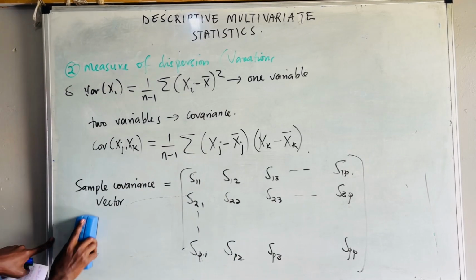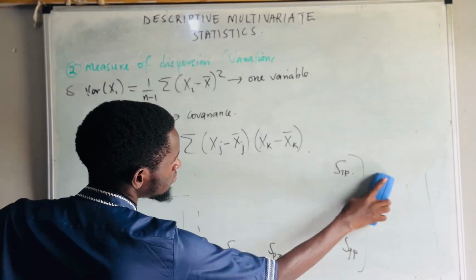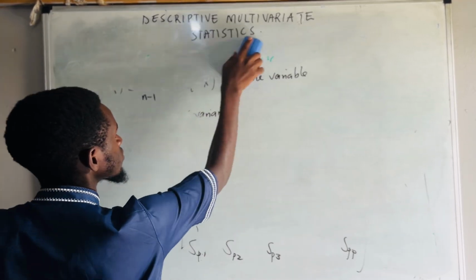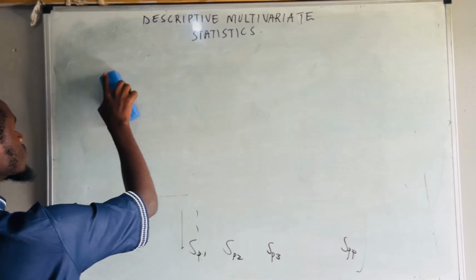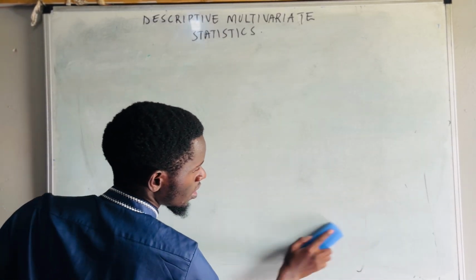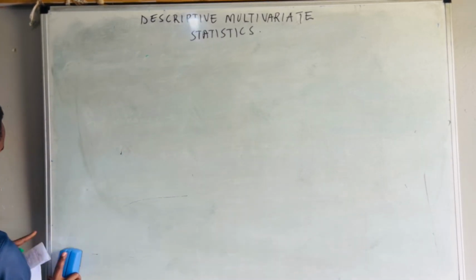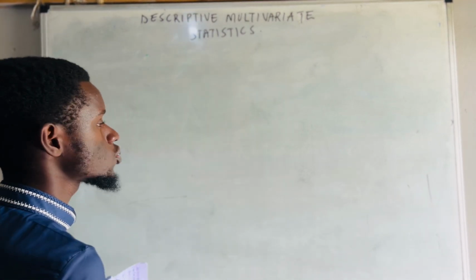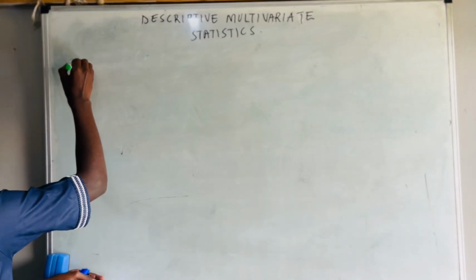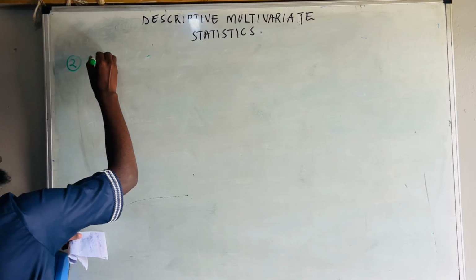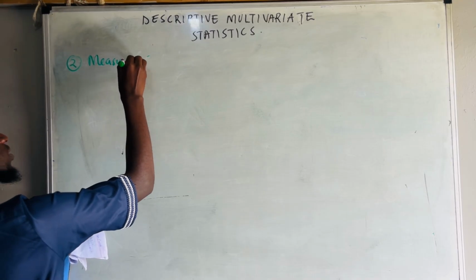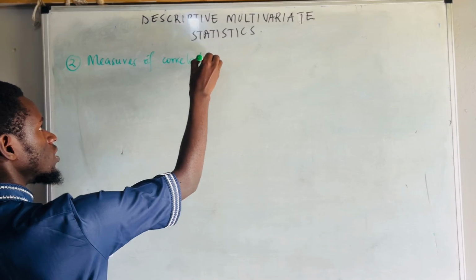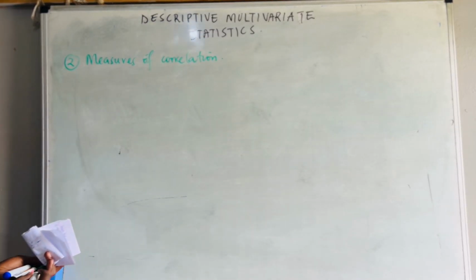Lastly, we shall need to talk about the correlation. Our last measure shall be the sample correlation. This is going to be our last measure.